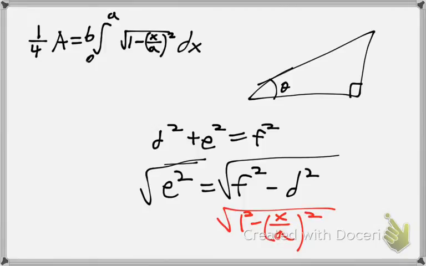So using logic, we can assume that f, the hypotenuse, is equal to 1, and then we can swap in this root for either side of the triangle. For simplicity's sake, let's swap it in for the adjacent side. So 1 minus x over a squared, and the opposite side would be equal to x over a.